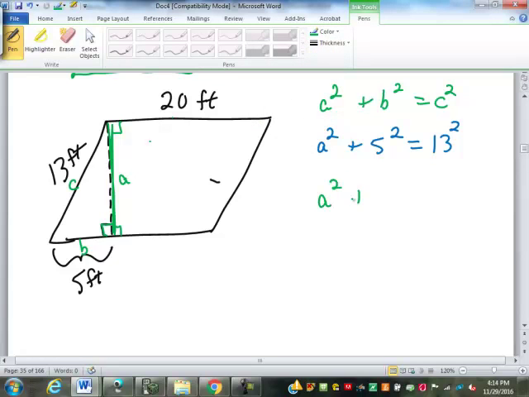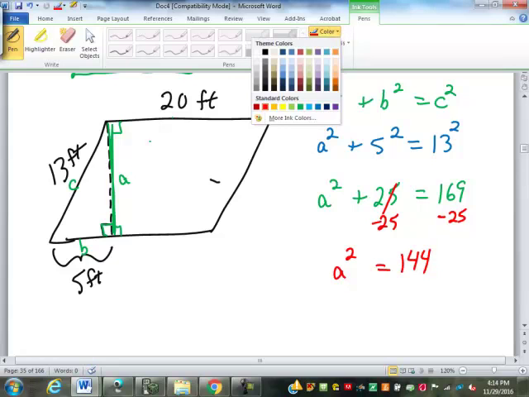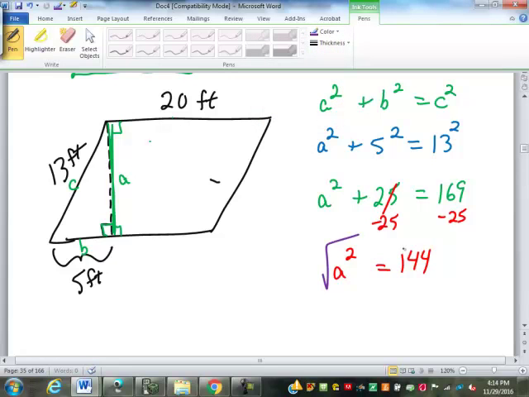So A squared plus 25 equals 169. Subtract 25. A squared equals 169 minus 25, which is 144. And then square root. A equals 12. Any questions?